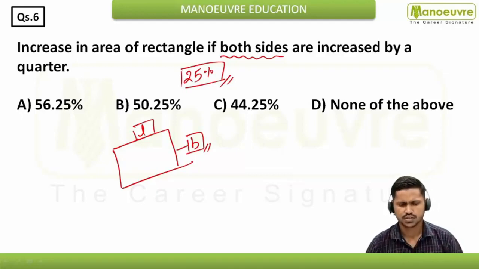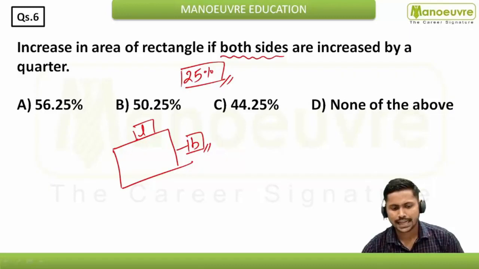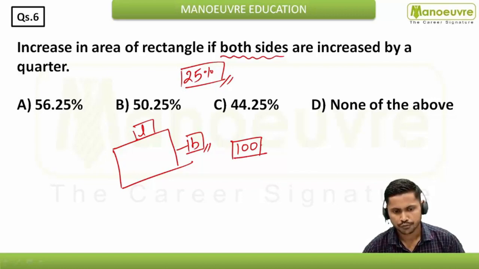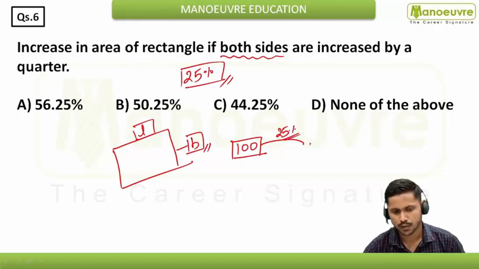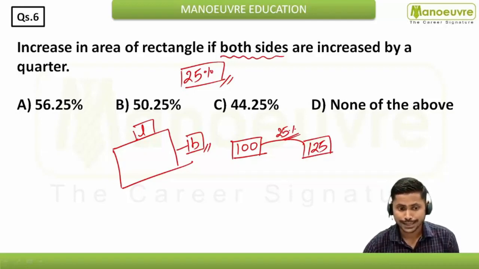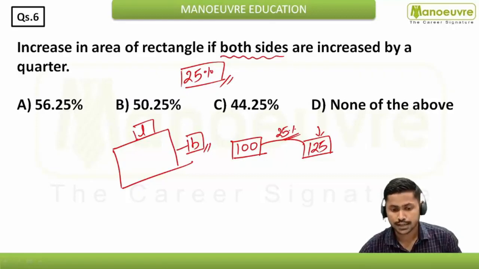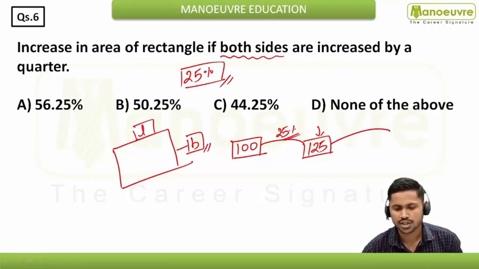Take your initial area as 100. Then 25% is increasing, so just increase by 25%. You will land up on 125. After that, the breadth is also increasing by 25%, so what do you do? Again increase by 25% on the value you have now. If you increase by 25%, you get 1/4 of this 125.